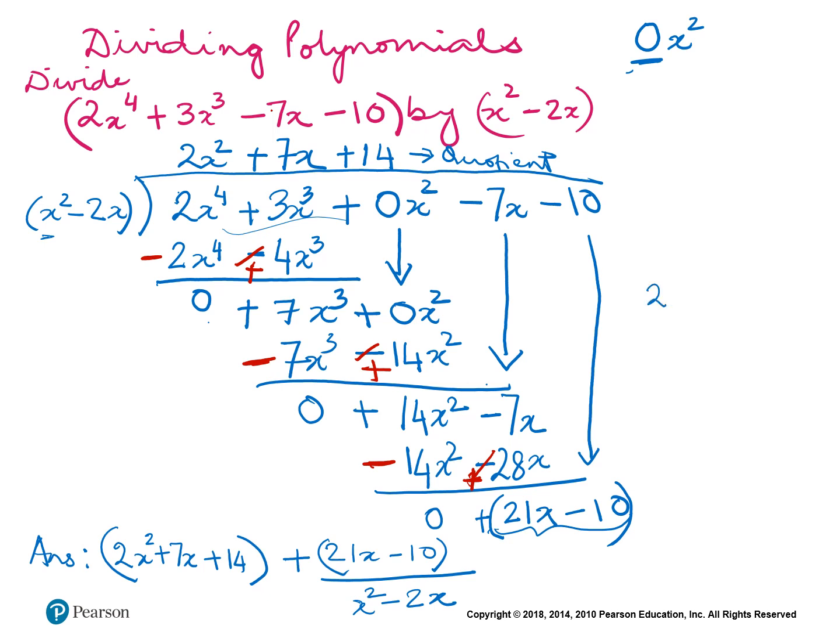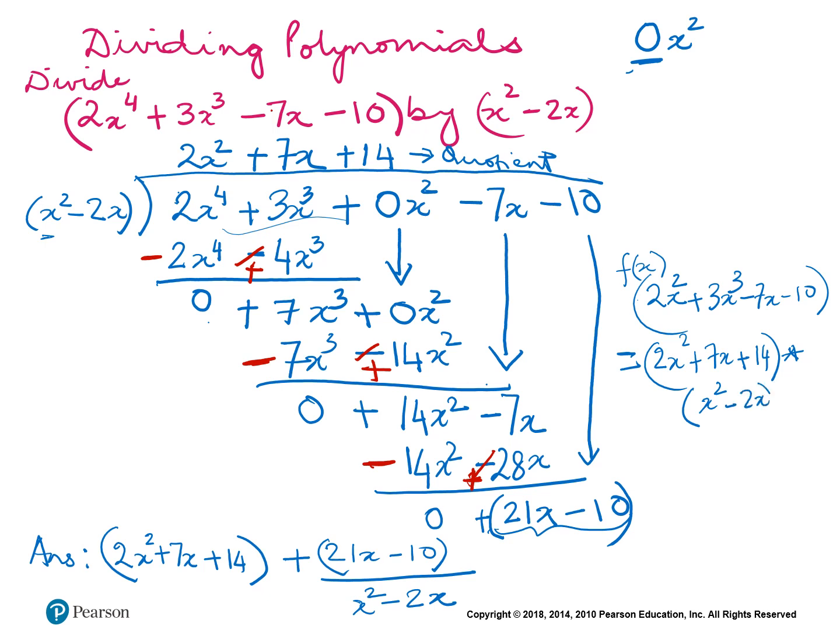F of x equals, if you take the quotient, which is 2x squared plus 7x plus 14, and multiply it by x squared minus 2x, and then add the remainder, which is 21x minus 10 divided by x squared minus 2x, then you will get back the original dividend function.